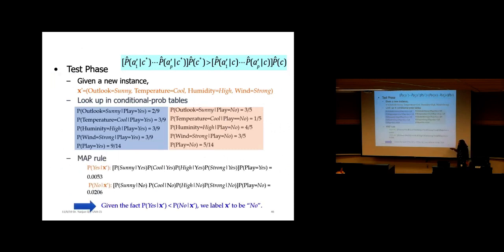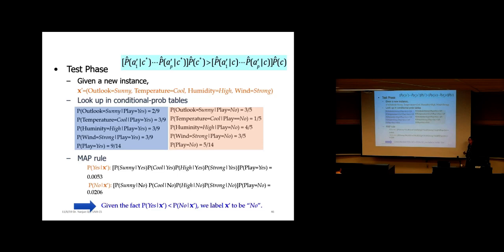The first gives you 0.0053, the second gives you 0.02, and this is bigger. So that's why we predict this as no. Is it clear? This is exactly how you're going to implement the naive Bayes classifier in your homework.